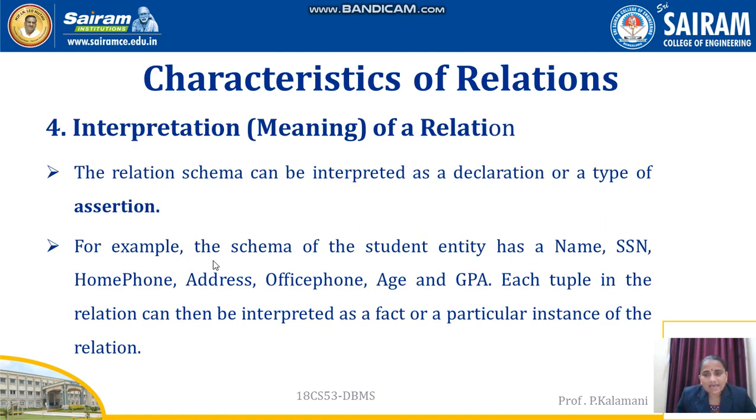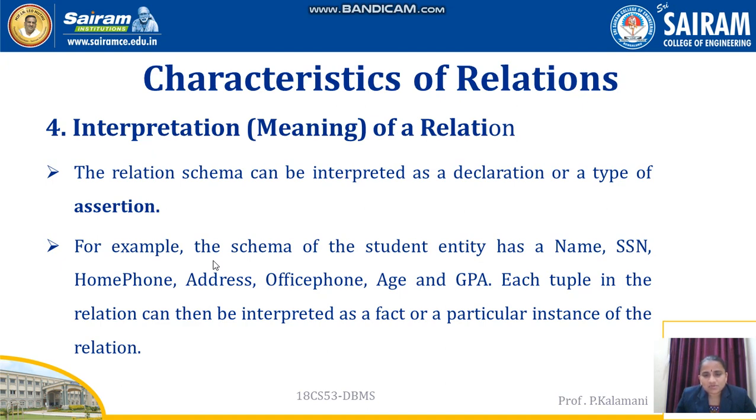Then the fourth characteristic is the interpretation of a relation. Interpretation means the meaning of a relation. The relation schema can be interpreted as a declaration or a type of assertion. For example, the schema of the student entity has name, SSN, home phone, address, office phone, age, and GPA.